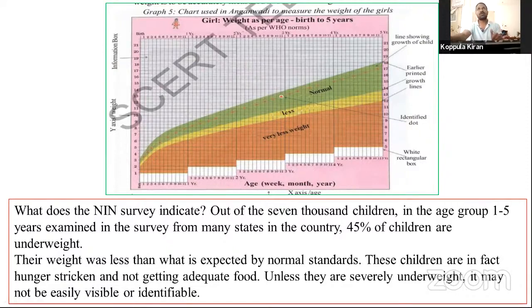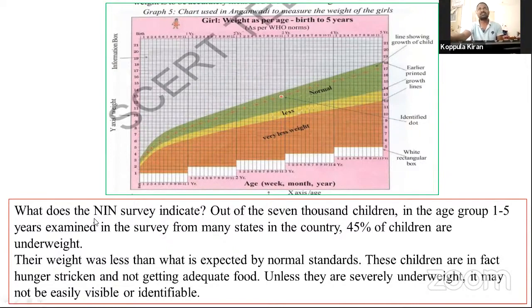If it is below 1 kg, their weight is very low. In the second year, see this, it shows that their weight is very low. See this, 1 kg, 2 kg, 3 kg, 4 kgs, and so on, up to 21 kgs. So this graph shows the weight of girls from birth to 5 years of age.